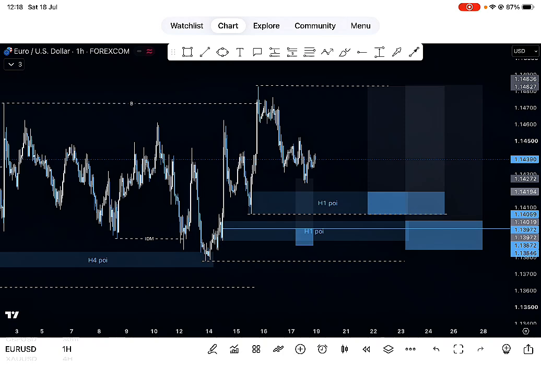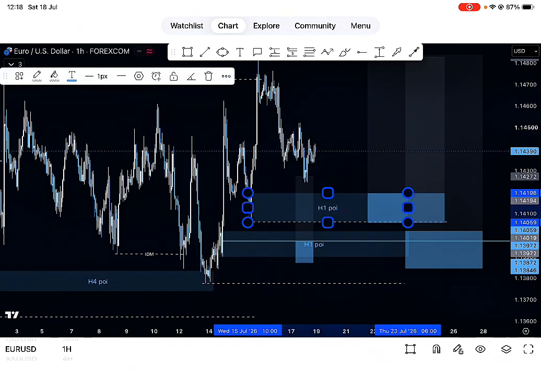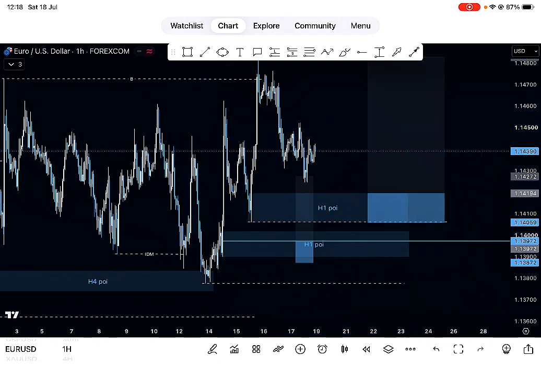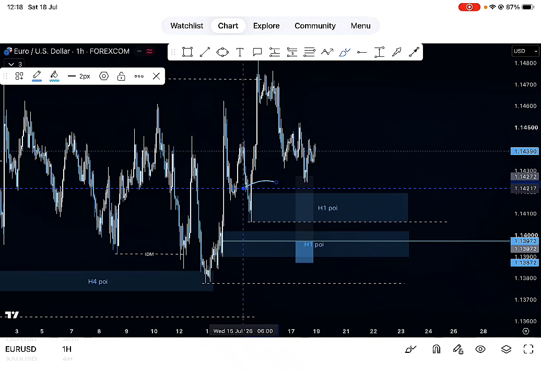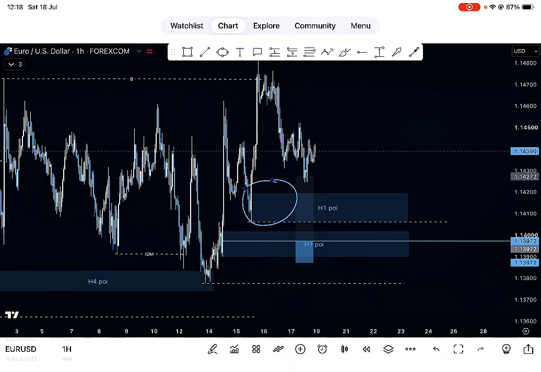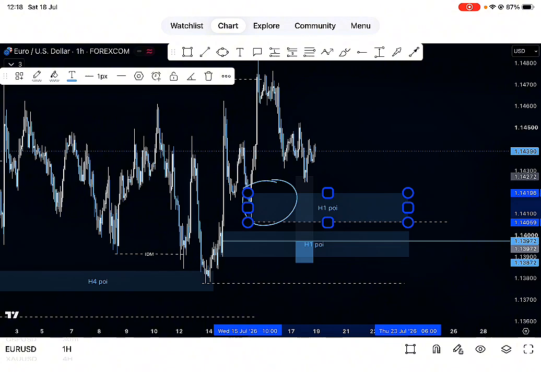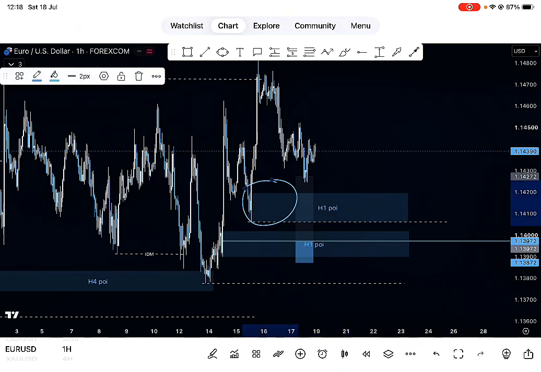And this low here, this first H1 POI, let me remove this thing. This first one here, this first H1 POI, it's a good POI by the way, but it hasn't taken liquidity. So I'm expecting liquidity to be taken.